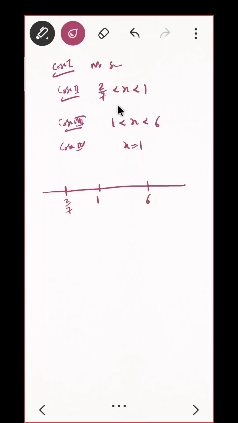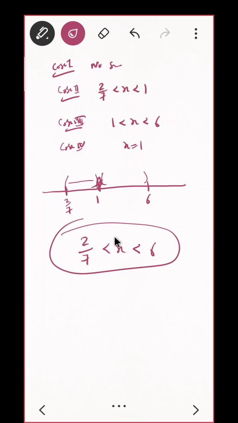So this guy is saying it is between 2/7 and 1, so up to here. Correct? And this guy is saying 1 to 6, and you are saying 1 is also included in the system. So can I directly say it is 2/7 is less than x is less than 6? Can I say this? Do you agree, everyone? Yes.